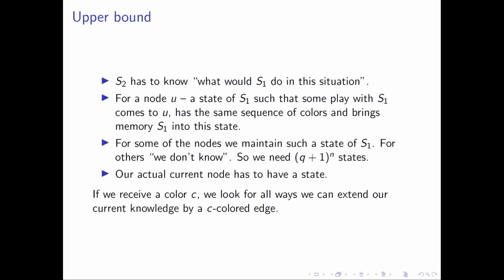Okay, but what is our current knowledge? Before we had this color C, we had some states of S1 assigned to some nodes of our graph. For these nodes, this means that there existed some play with S1 that comes to these nodes and brings the memory of S1 into the corresponding assigned state.